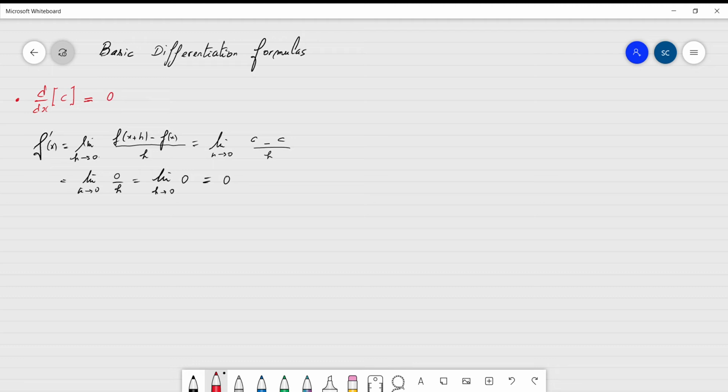Now the second category of functions is power functions. What is the derivative of x power n, where n is an integer?